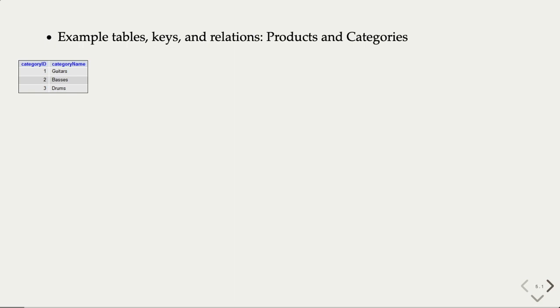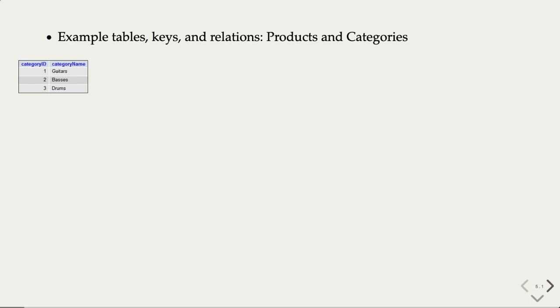Now, let's look at another example just to generalize this concept of relational databases. Imagine you are running a store, an online store, perhaps for musical instruments. In order to organize your products, perhaps you put them in different categories, such as guitars and drums.